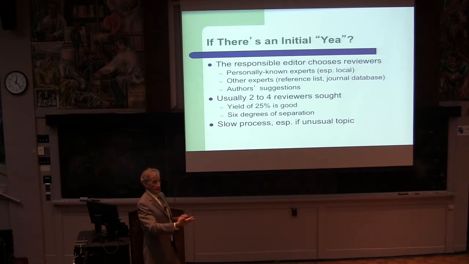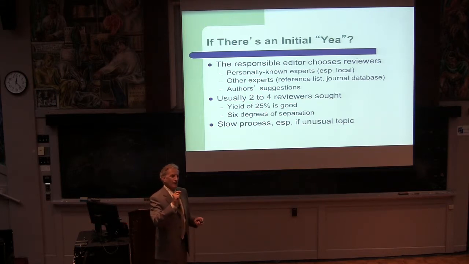But it's also possible that the editor just thinks, oh, gee whiz, Mary should review this, I know she knows a lot about it. And so the closer the reviewer is to the editor, both geographically and as a colleague, the more likely they are to get the article to review.